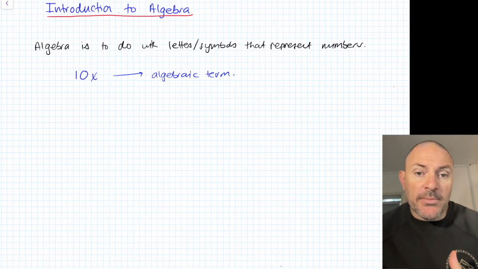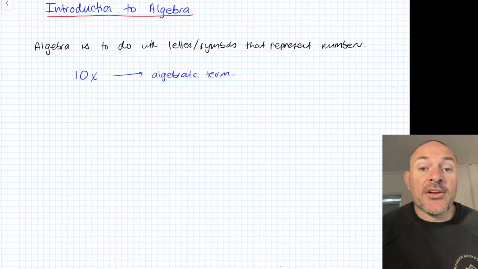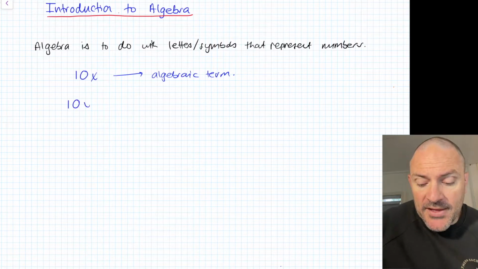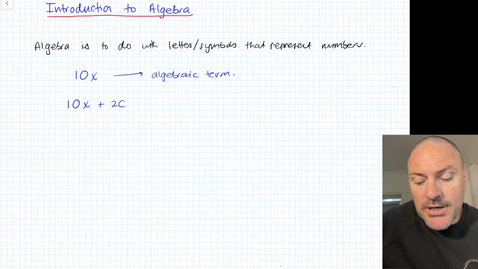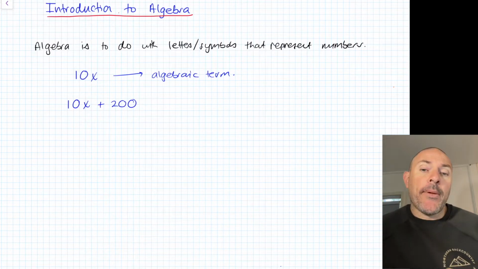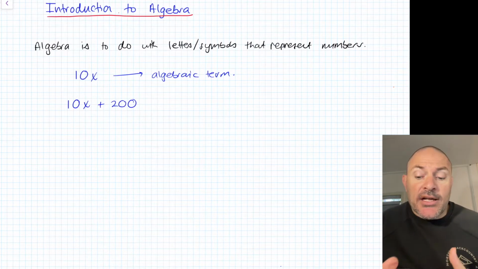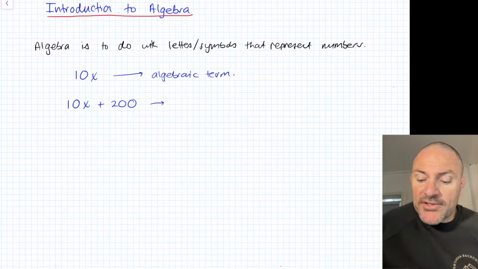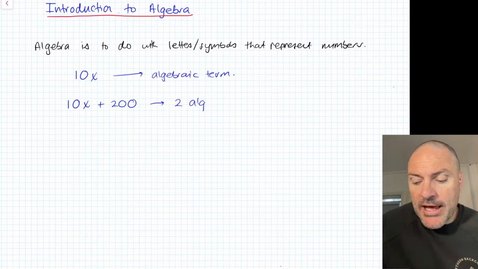It's still going to cost me a bit of money before anyone even comes to that door. So let's say it's going to cost me $200. So we can say 10x plus $200 would be the cost of my party. No matter how many people come, if it's 10, if it's 20, if it's 100, I've still got this upfront cost of $200. So what we now have is two algebraic terms.